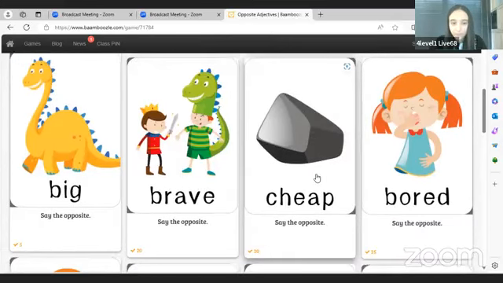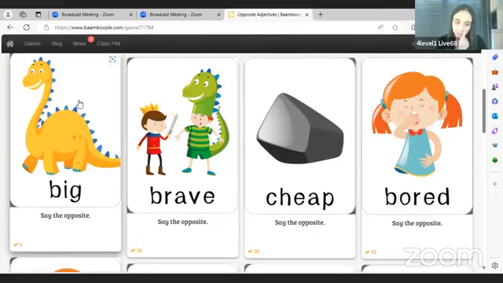This time, can you tell me what is the opposite of big? Big. What is the opposite of the word big? Tell me in the comments.